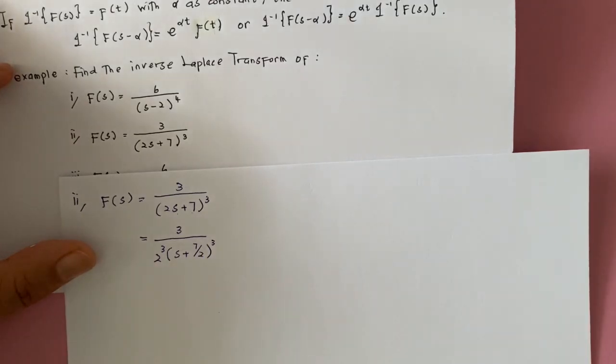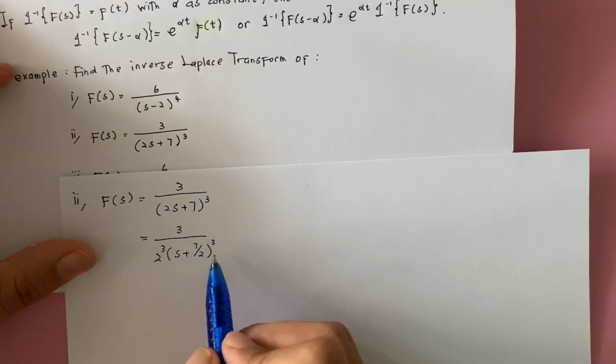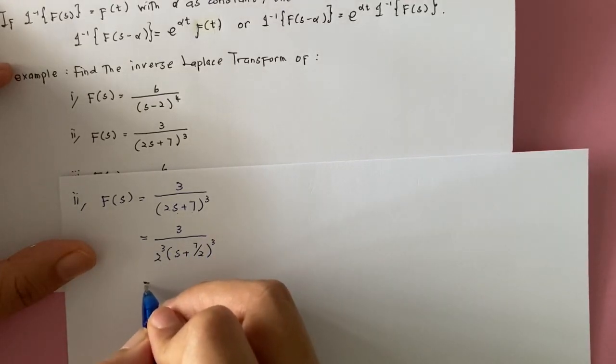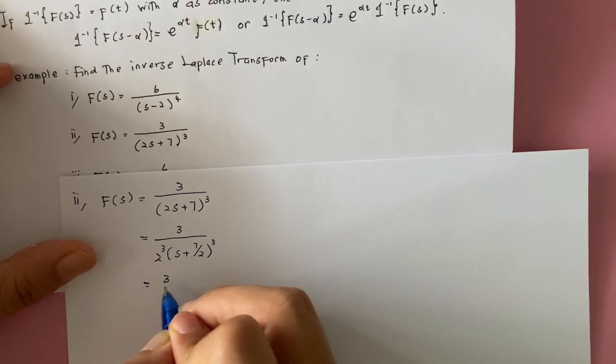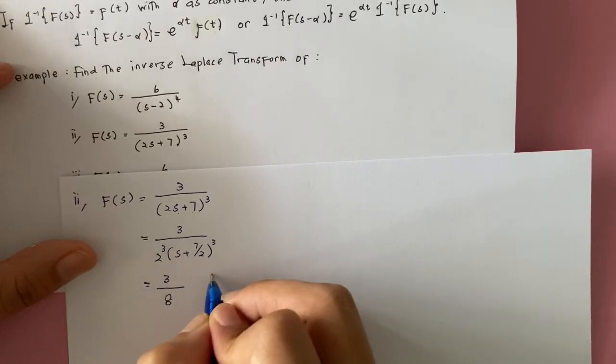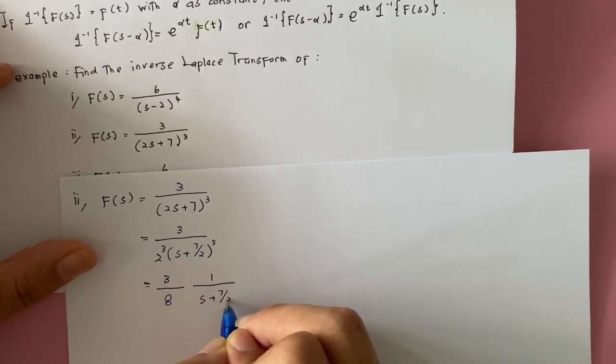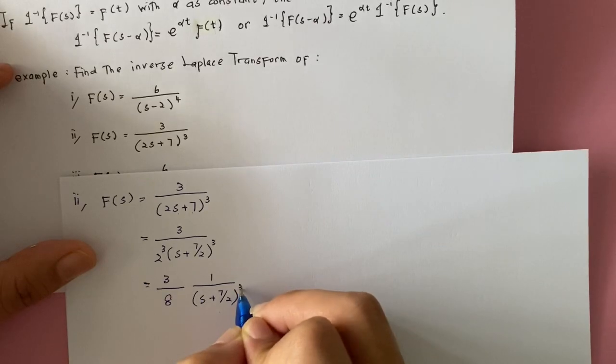So you have 3 over 2 cubed times (s plus 7 over 2) cubed. Now 2 cubed is equal to 8, multiplied by 1 over (s plus 7 over 2) cubed.